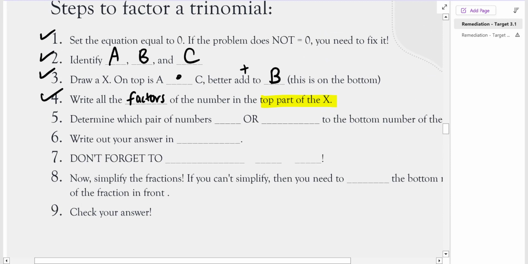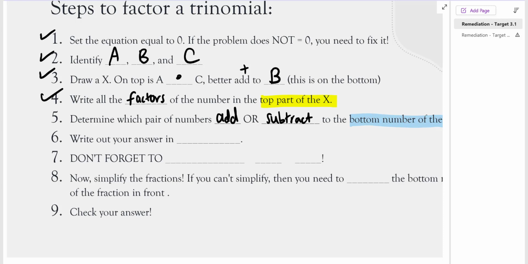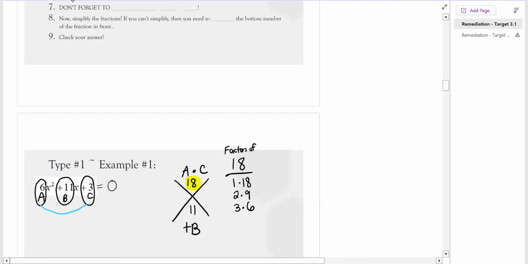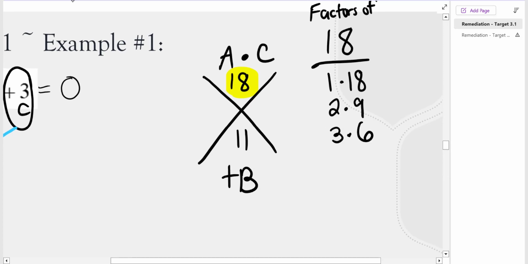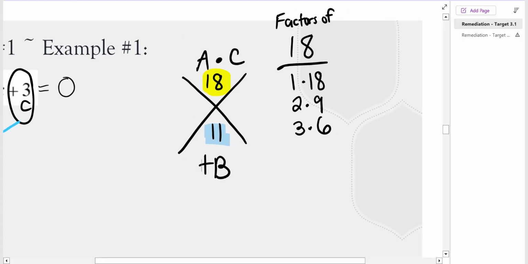Okay, step number 5, we have to determine which pair of numbers add or subtract to the number on the bottom of the x. Okay, so we're going to do that step right now. So on the bottom, we have the number 11. So which two numbers here can add or subtract to 11?